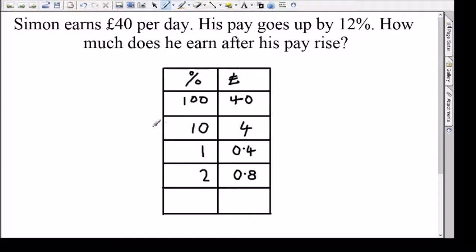So my 12% can come from this line here, this line here. 12% is 4 plus 0.8, that's 4.8. Now I'm looking to do the increase, so I'm actually looking for 112%. I'm looking to increase my 100% by 12, so the 112% is that plus that, 44.8. So the answer is £44.80.